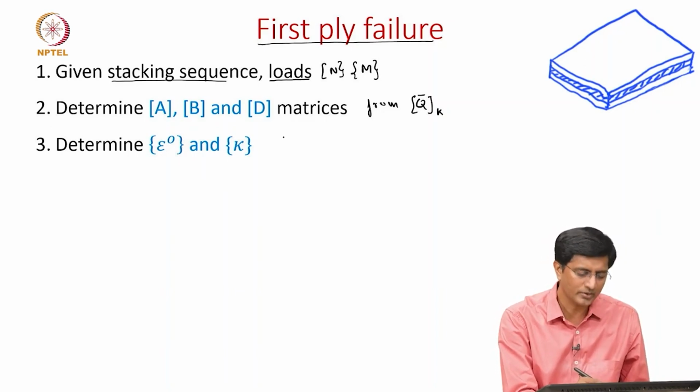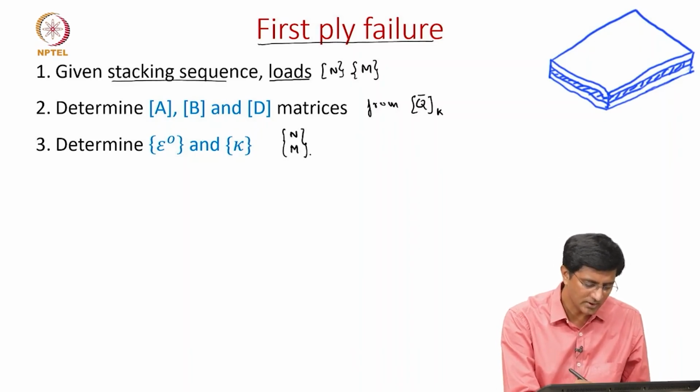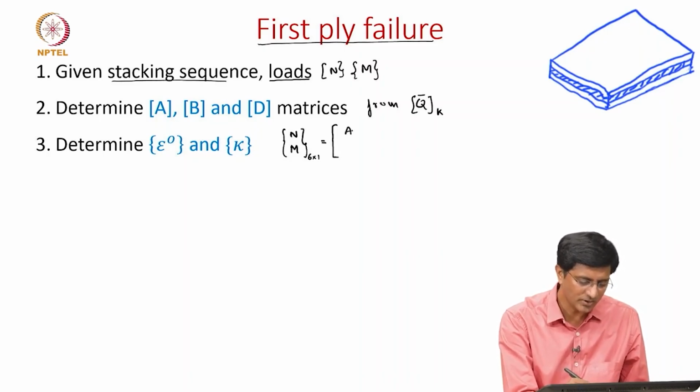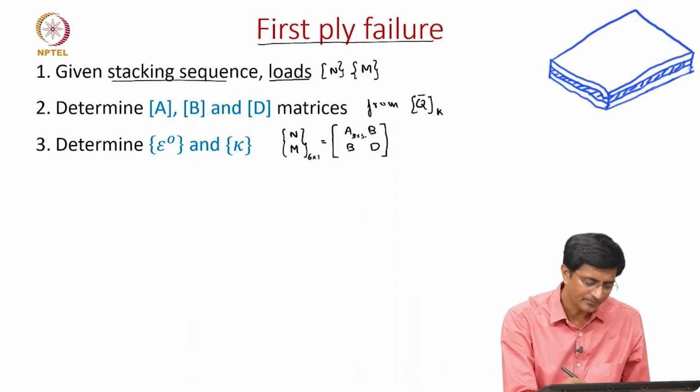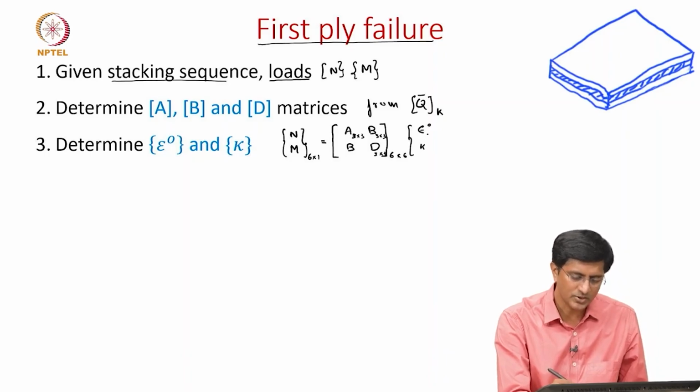Again going back to the classical laminate theory, we combine N and M into one matrix of size 6 by 1, and then I group these ABD matrices in such a way that it is A, B, B, D. Each of these matrices is 3 by 3, but overall this will be a 6 by 6 matrix, times the mid-plane strains epsilon naught and the curvatures k.